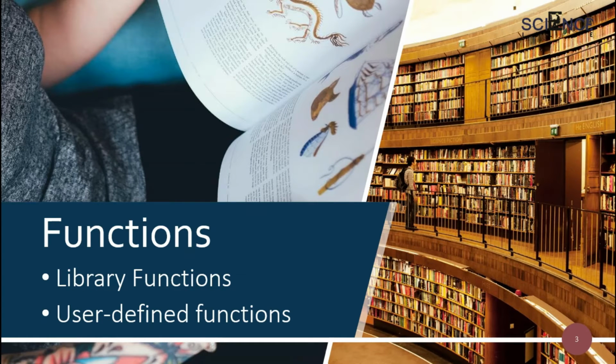There are two types of functions: library functions and user-defined functions. Library functions are predefined functions. Those functions are predefined and already implemented in the C program, right? So we can use these functions by calling.